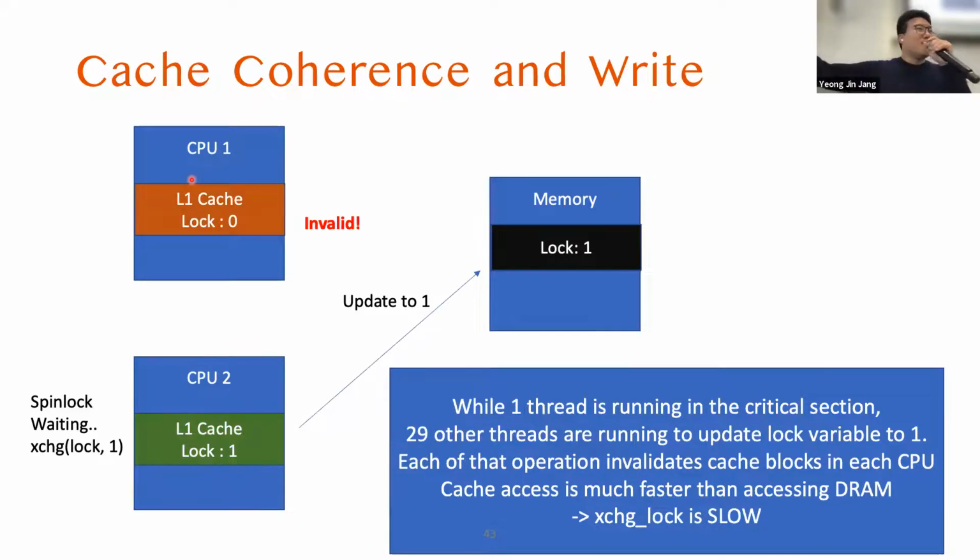In this example, I only depicted 2 threads, but in the program we have 30 threads. Suppose one thread runs the exchange and updates the lock variable to 1, it will send the invalidate cache signal to all the other 29 threads. And that will happen again and again every time one of the threads sets the lock variable value.